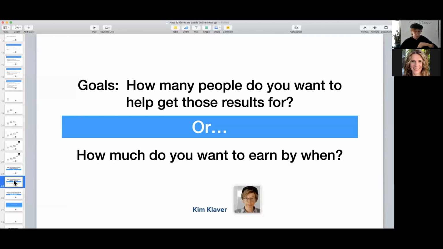Or you could say, how much do you want to earn by when? Today is January 21, right? You might say, I want to earn 3,000 a month more than I'm making right now by June. Then you'd have to go back and figure out how many people you need to help to earn that.